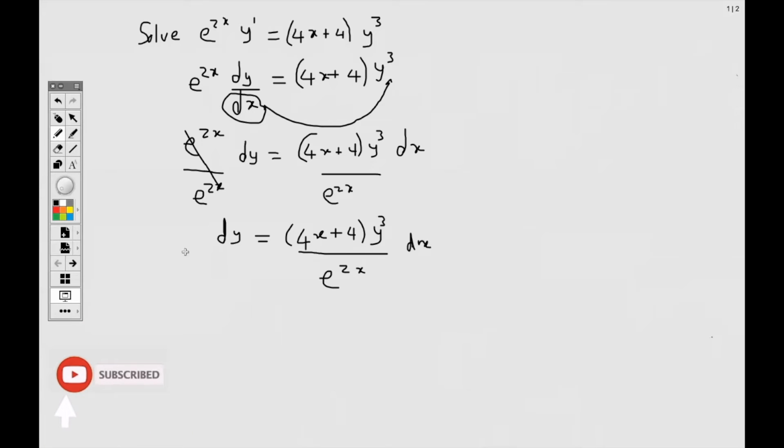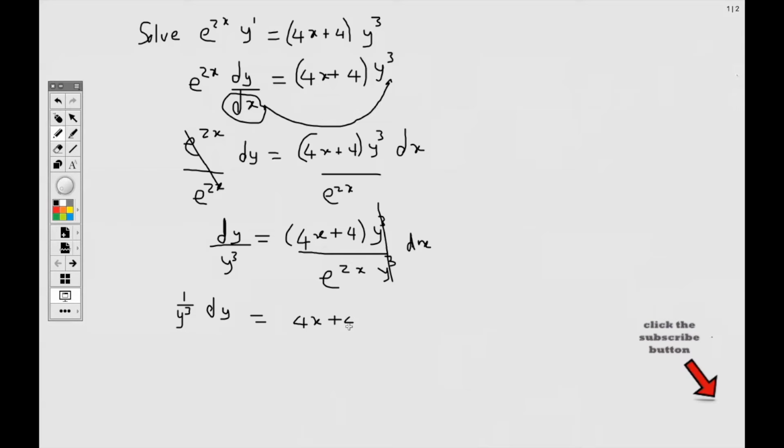Now this y cubed needs to go on my left, so I will divide both sides by y cubed. This cancels, so I have dy over y cubed, or it's the same as 1 over y cubed times dy, is equal to 4x plus 4 all over e to the 2x dx.